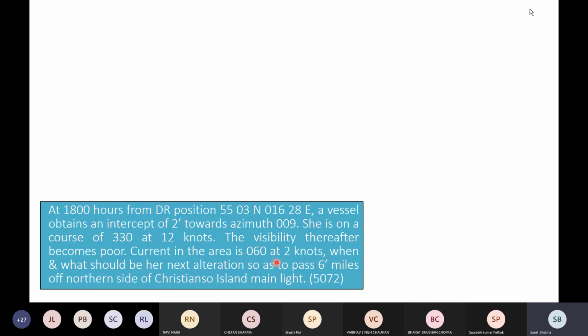So you can see the set and the rate of the current is also provided to us. When and what should be her next alteration so as to pass 6 miles off the northern side of Christiansø Island main light? So this is a question based on this particular topic, line navigation or steering safe courses using a single PL.